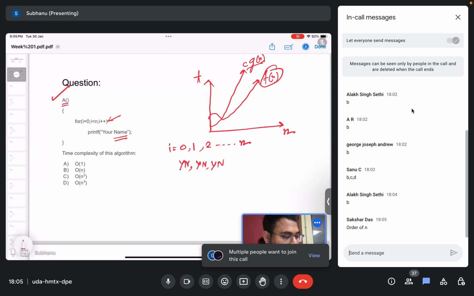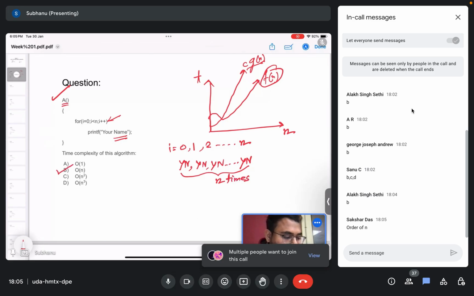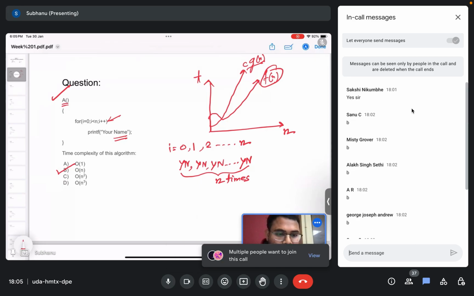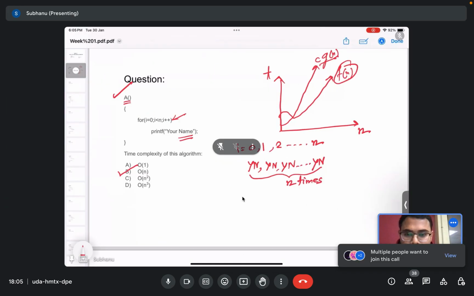So if you run it for n times, it will print your name n times. So the correct answer is option B. I think most of you have given the right answer to this question. We will be moving to question number 2.